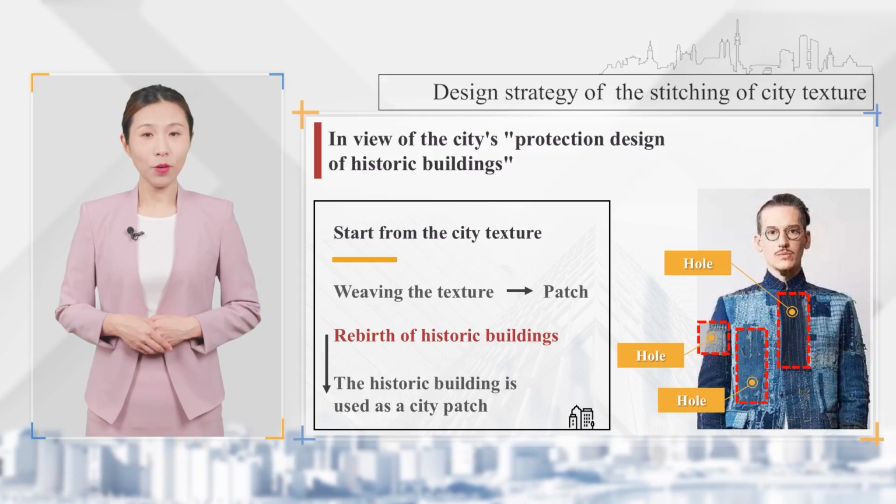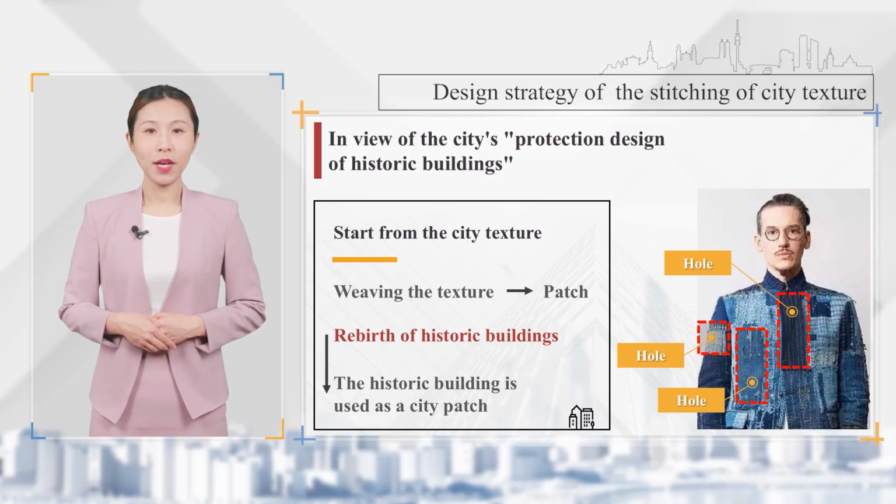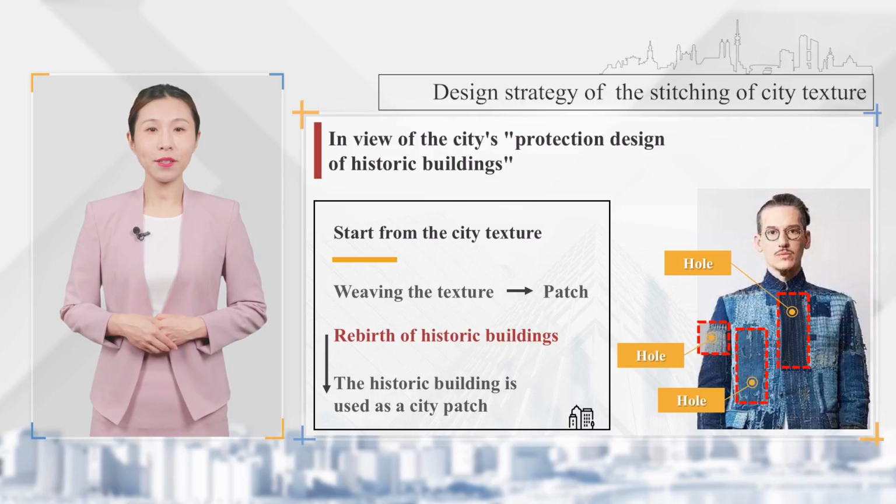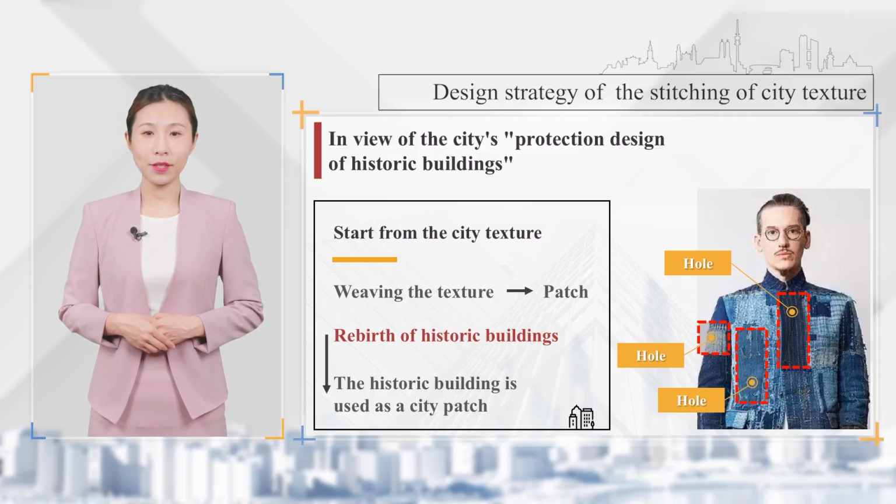If there is a hole in it, how can I mend it? That hole to this denim is like our transformation projects to the city. In view of the city's preservation design of historic buildings, we should learn to patch. The historic building is used as a city patch, stitching and weaving the damaged texture of the city.